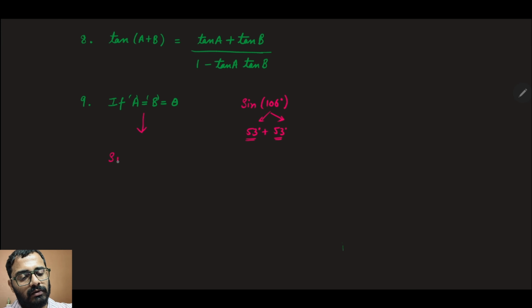So sine of A plus B will become sine of theta plus theta. We can write it as 2 theta. Theta gets added to theta and gives you sine 2 theta. That will be equal to sine A cos B plus cos A sine B. As all the angles are the same, all are theta, we will write theta only.